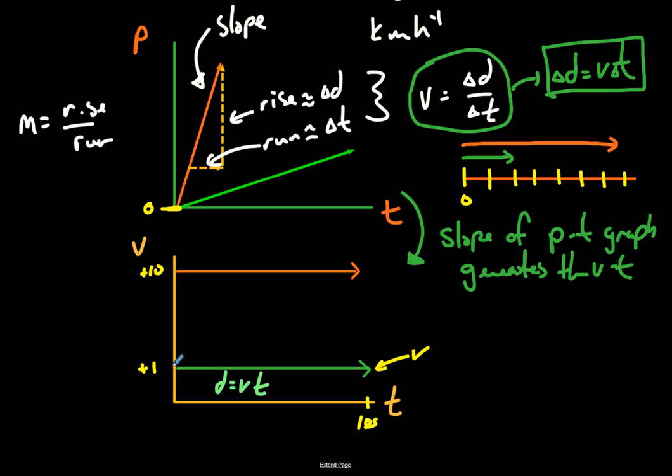Look what we're doing. We're taking a velocity, that's this here, it's the height, times a time. What we're actually doing is we're finding the area of a rectangle here, aren't we? We're taking the velocity value, v, that's this green line, and we're multiplying it by a time. So the area here equals a displacement change.